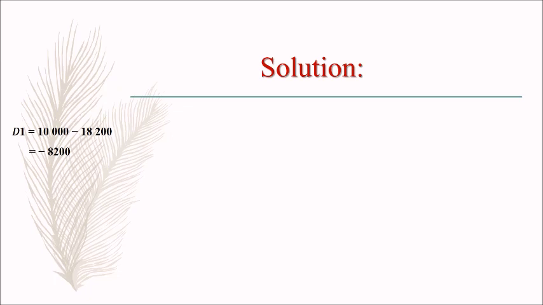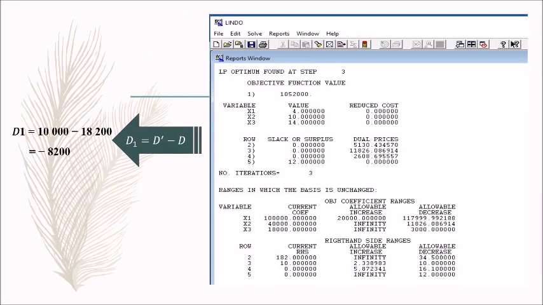Since the weekly advertising budget is decreased to RM 10,000, 10,000 minus the existing 18,200, and we get negative 8,200 as the delta 1.